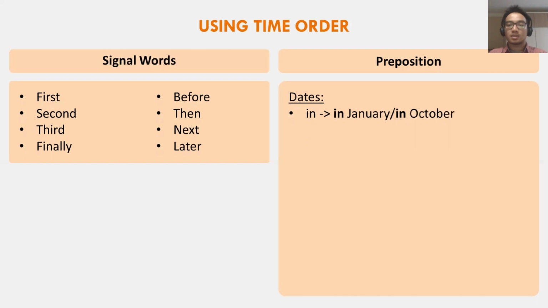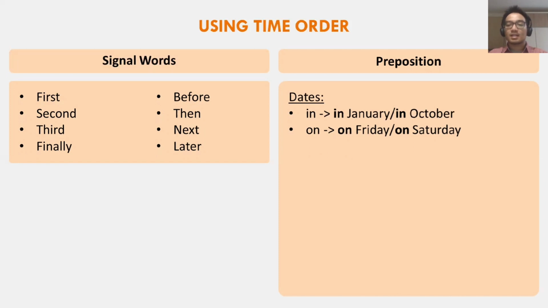It's up to you. As long as it's a month, we use the preposition in. And then on, we could use the preposition on to show days: on Friday, on Saturday, on Monday, on Tuesday. As long as it's a day, use on.